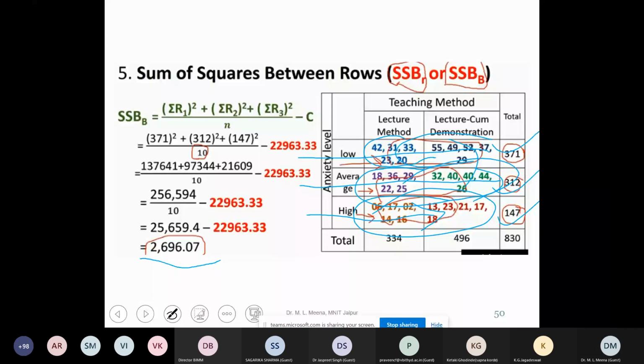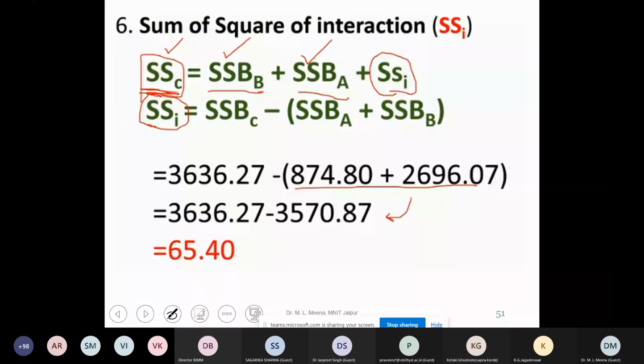Next is sum of square of interaction, SSI. So we know that sum of square for cell is equal to sum of square between groups B and A plus SSI.